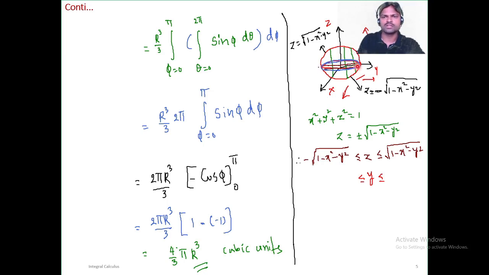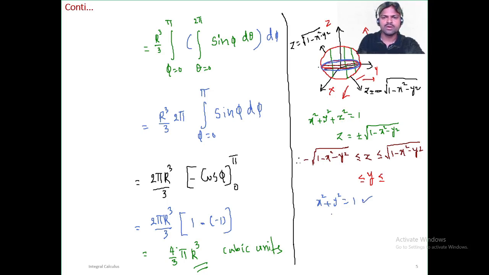So what is the circle equation in two dimensions? It is x square plus y square is equal to 1. Same thing as x square plus y square plus z square is 1, but in the xy plane the z coordinate is absent, right? Substitute z is 0 here, so you will get x square plus y square is equal to 1. So this is the circle equation in 2D.